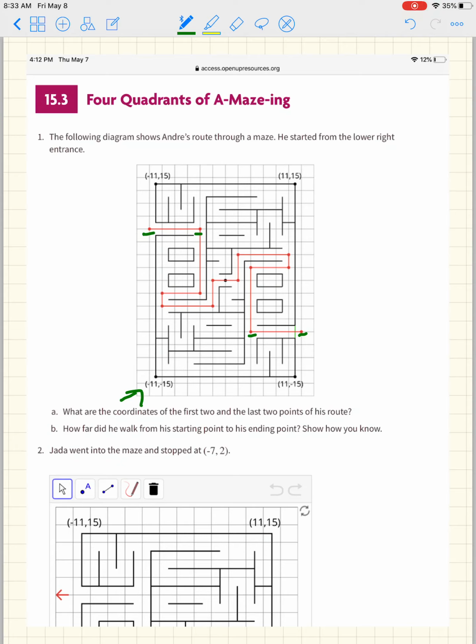And so in order to do that, we need to find the halfway point between 11 and -11. If you count the space in between, we have 10 squares, and then a half square and a half square here. And so you can figure out that the halfway point is about right here. I'm going to go ahead and erase this because we don't need that. Okay, so that's our halfway point.